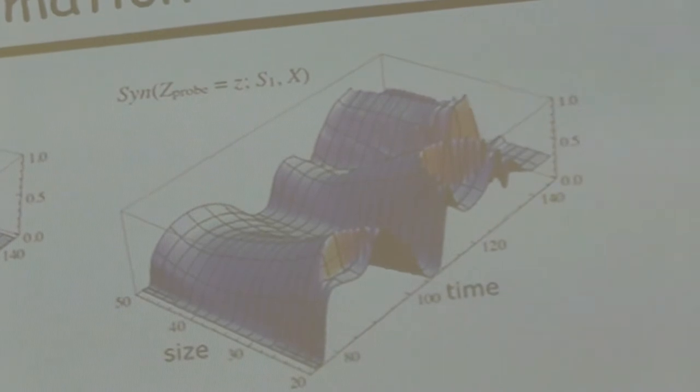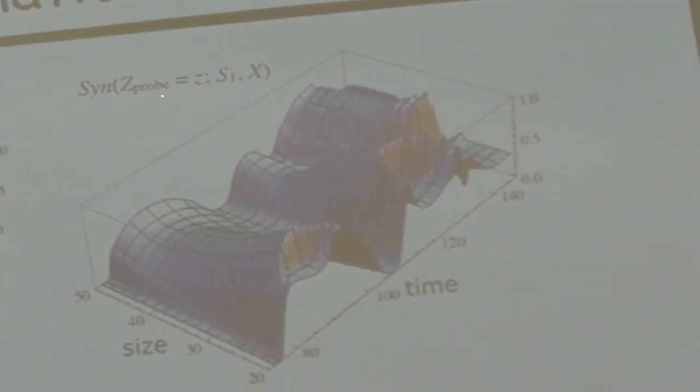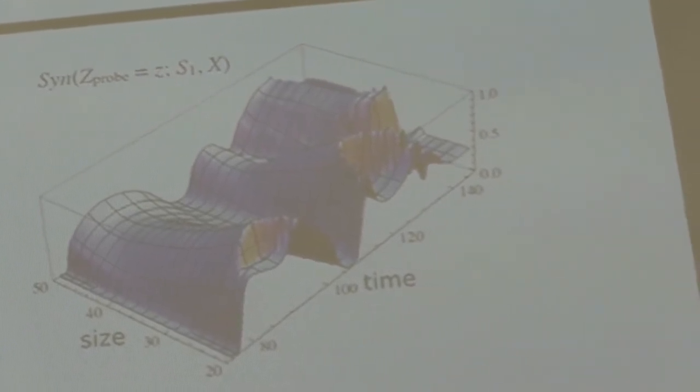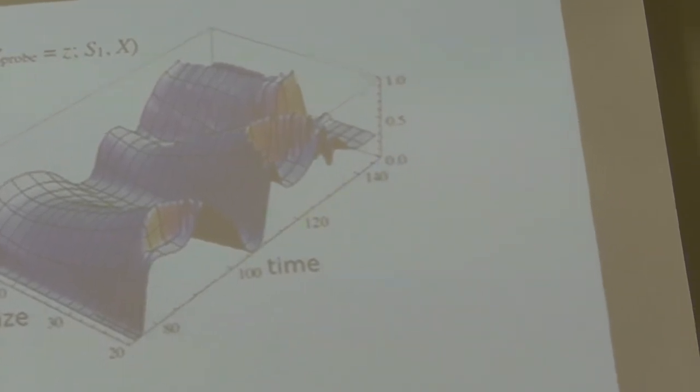Although there's no information about probe size in the sensor, there is a lot of information about the size of the probe in the synergy between the sensors and the position. If we consider just the sensors, because the agent can adopt different positions, there's no reliable information in that raw signal. But considered synergistically with the position it adopts, there's a lot of information.